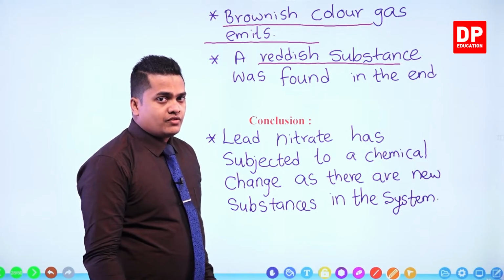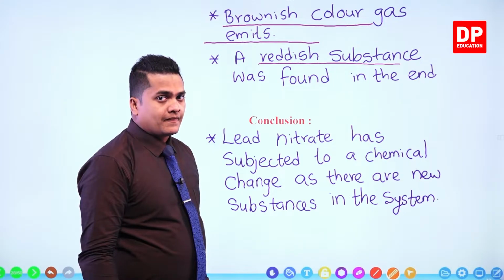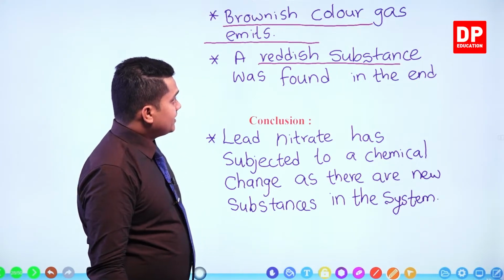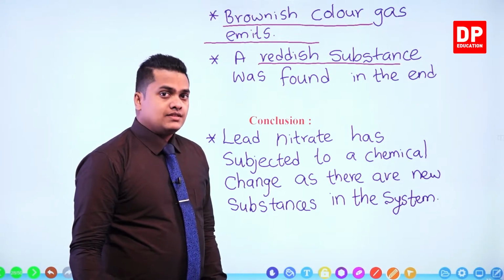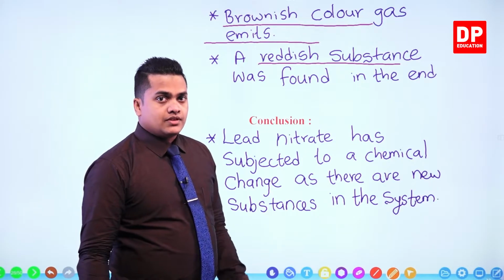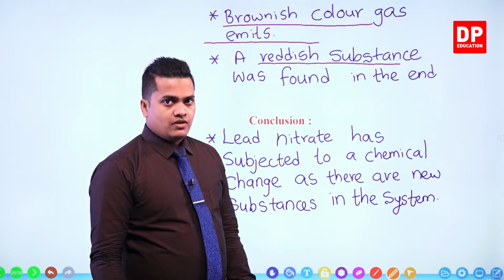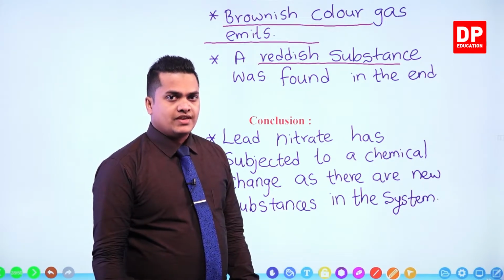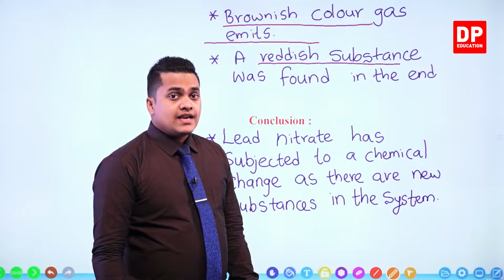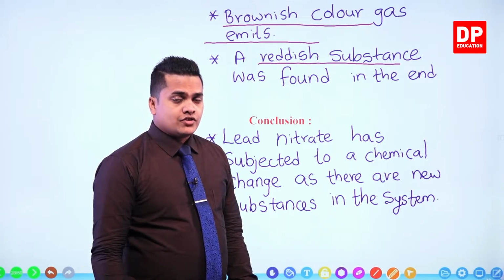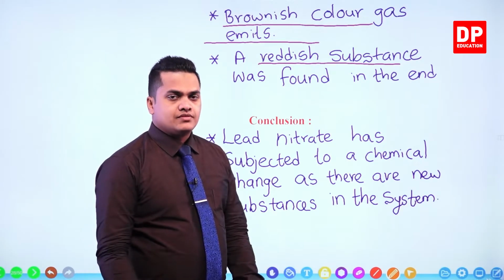So here you can clearly observe that during the formation of new substances, sometimes a gas can be evolved. A smoke can evolve. Smoke is also a type of gas. So a gas can evolve during a chemical change, forming a gas as a new substance.